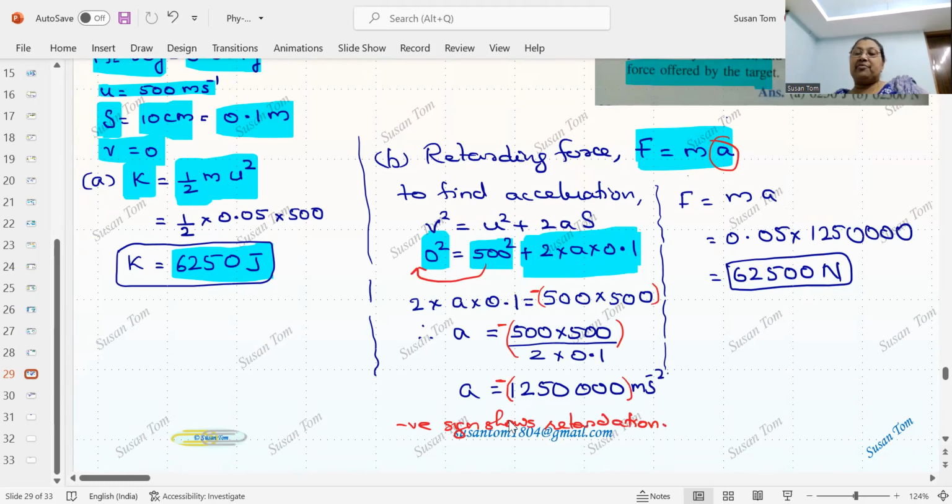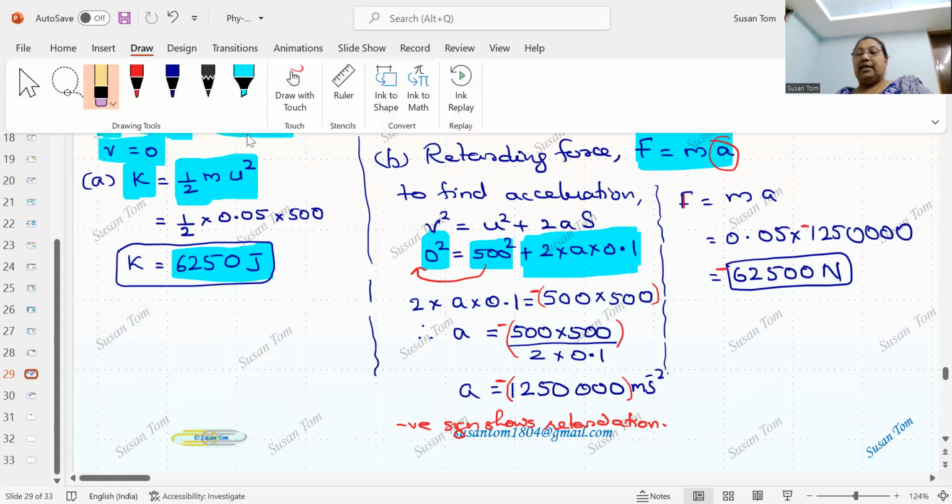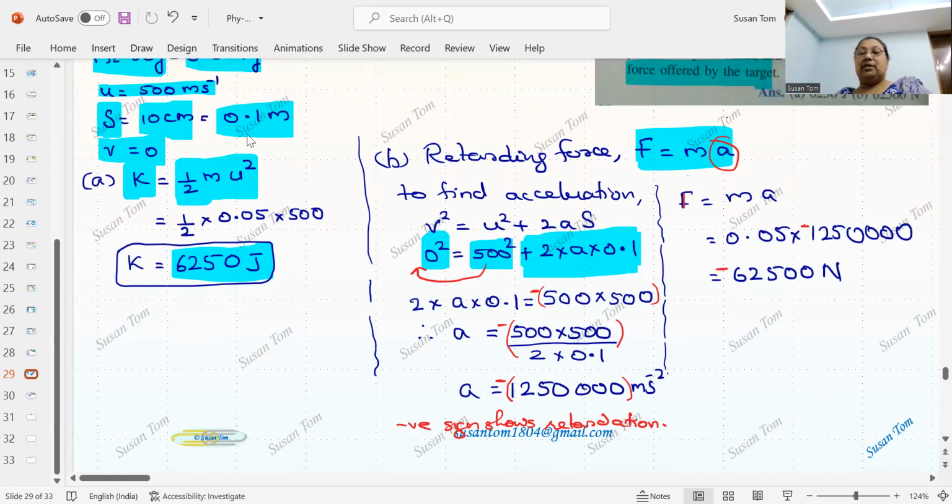So the retarding force will be F equal to ma, where a is negative, and hence the answer you get has a negative sign. Now you will write here also that the force is negative.